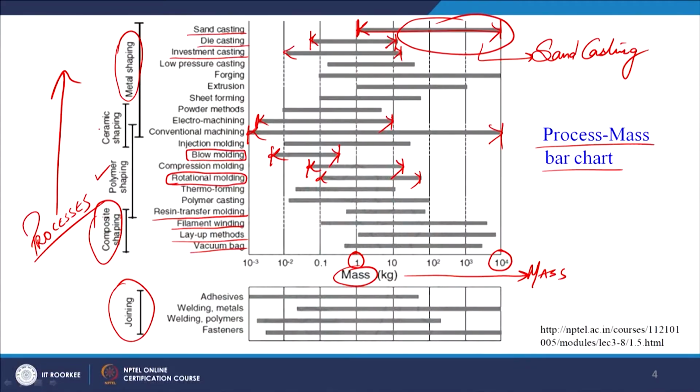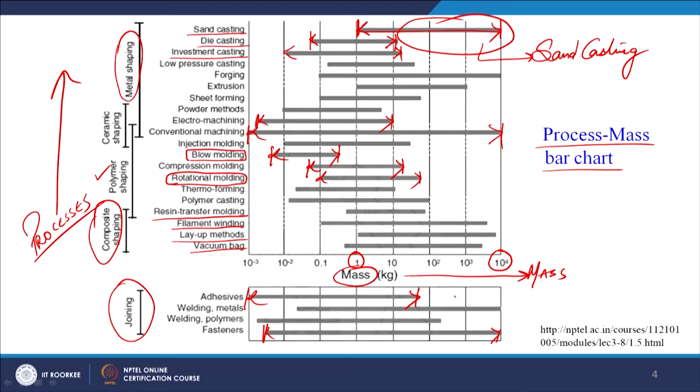So we can see for joining also, wherever the fasteners have to be used, a very wide range is there. Where the adhesives have to be used, this is the range. Which means that for very heavy parts or heavy components, when the joining has to be done, adhesives are not recommended.